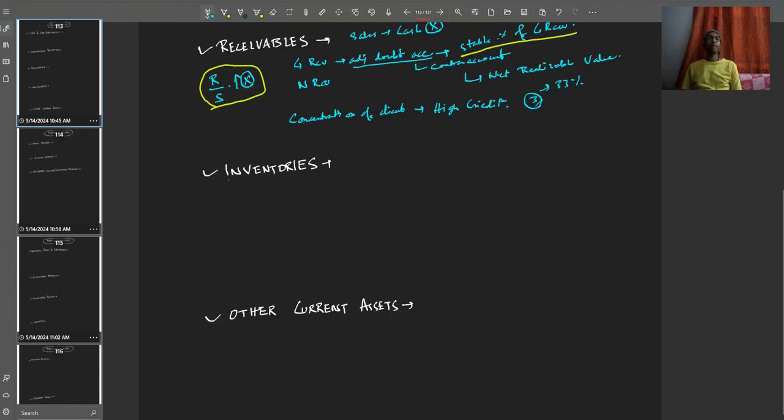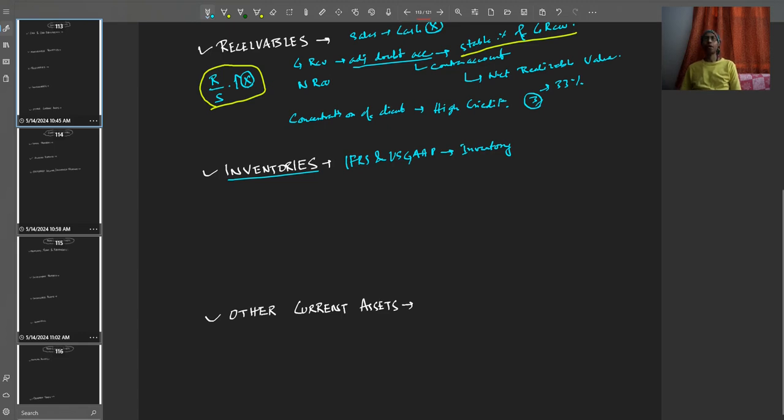Now we come to inventories. So friends, inventory has different standards with respect to IFRS and US GAAP. Let us consider them separately, therefore. For example, under both IFRS and US GAAP, inventory is valued at the lower of cost or net realizable value when the method of inventory costing is not LIFO.